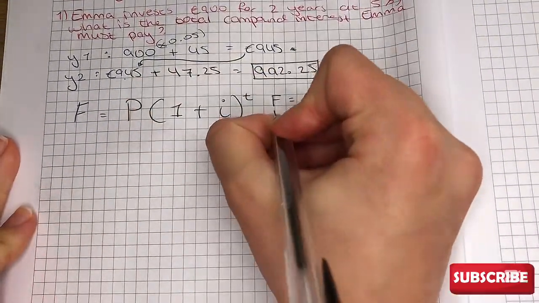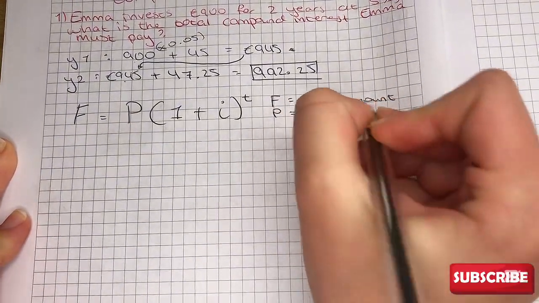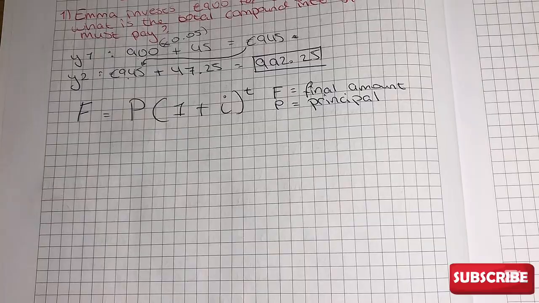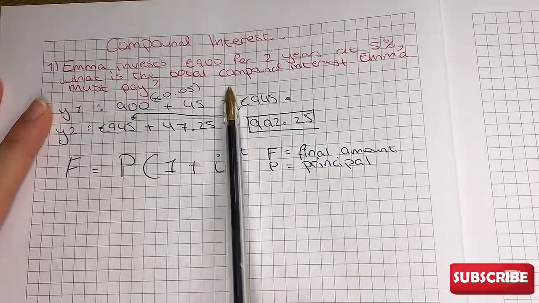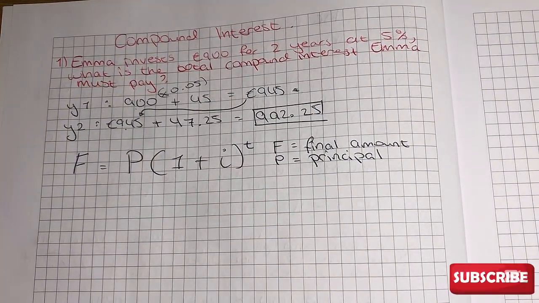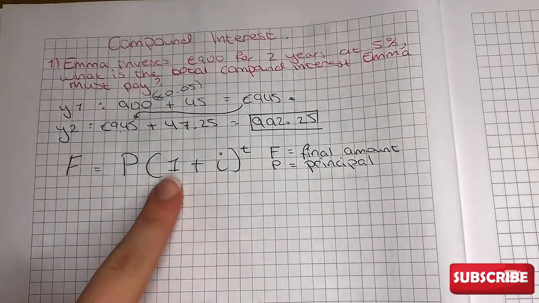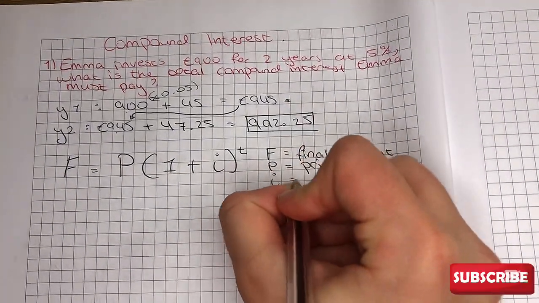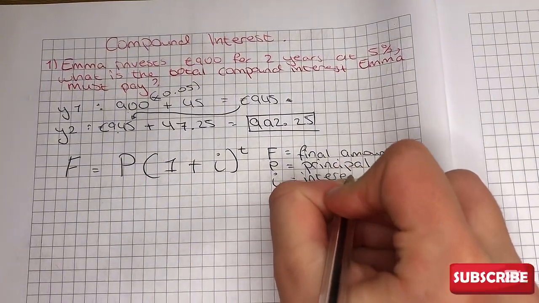The P stands for principal. So the principal is basically the amount invested or the amount borrowed, so the original amount. With the practice question with Emma, the principal would be 900 because that's the original amount she invested. Next, you leave the 1 as it is. The I stands for interest rate.